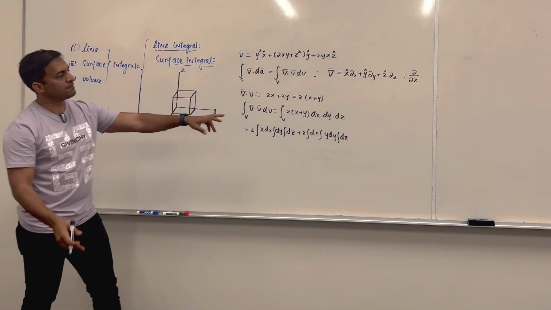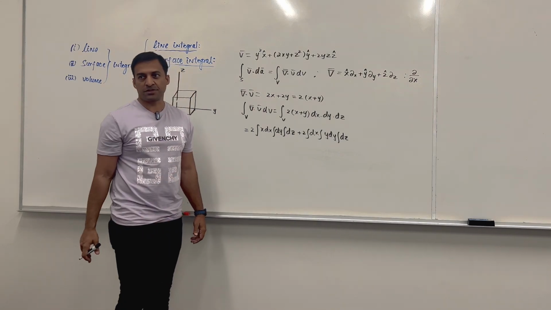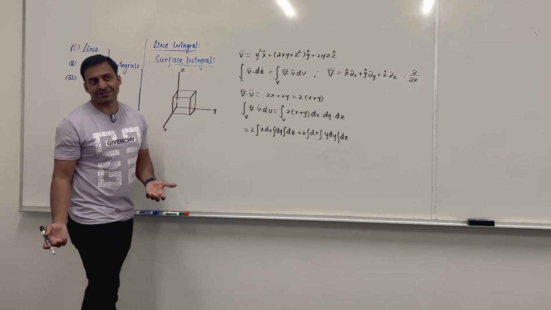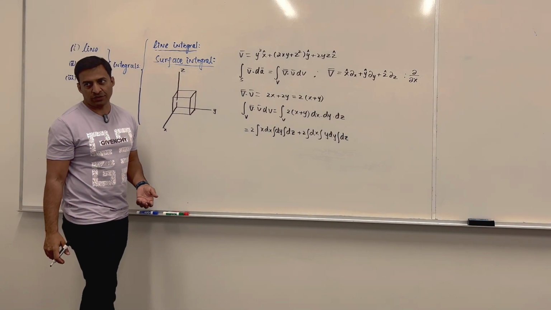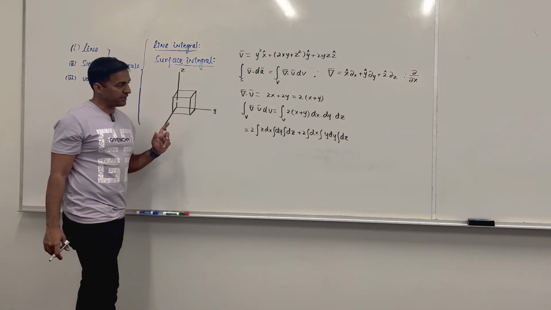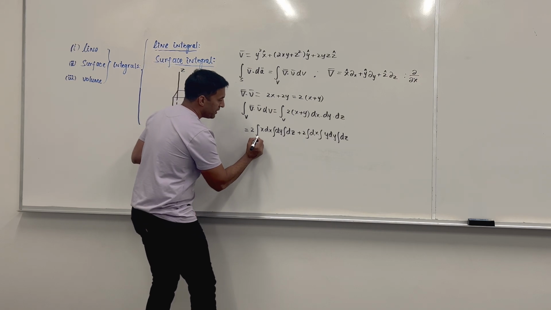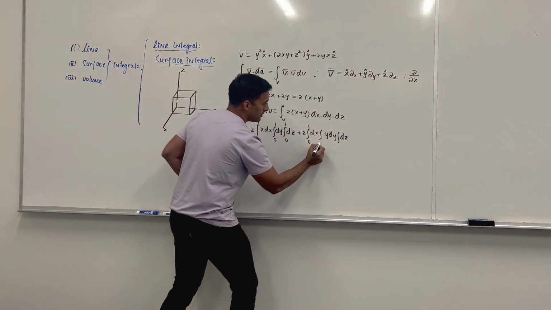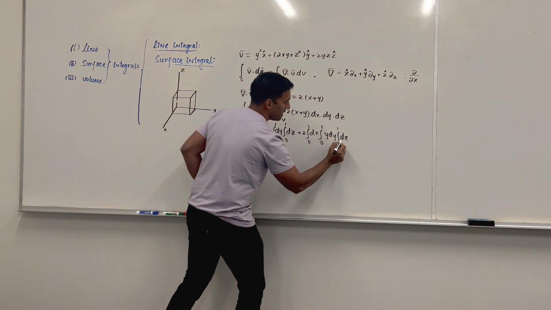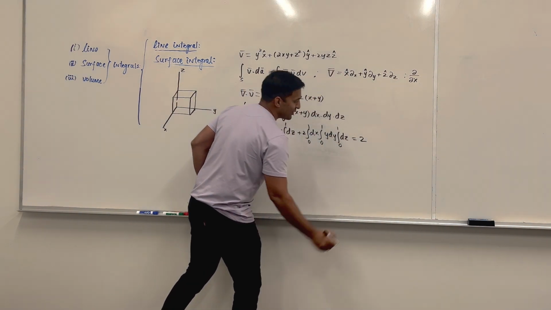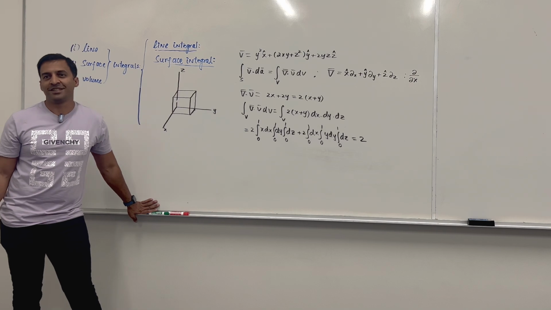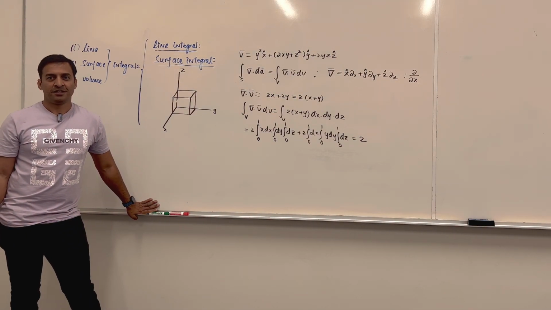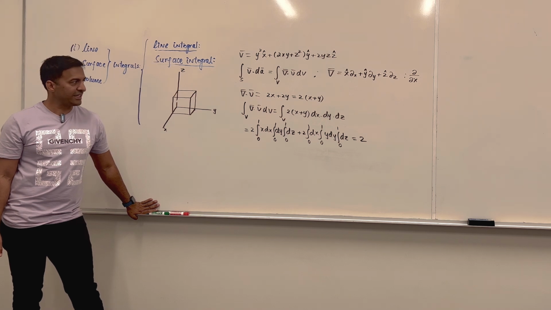It was addition, so I had separated it into two terms. And this is a unit cube, which means its length along the x, y, and z axes is 1 unit. It starts from 0 and goes to 1. So our integration limits will be 0 to 1 for each. If you carry out this integration, it turns out to be 2. It's just 1 plus 1. Okay, right? So this one was the shorter and easier bit.